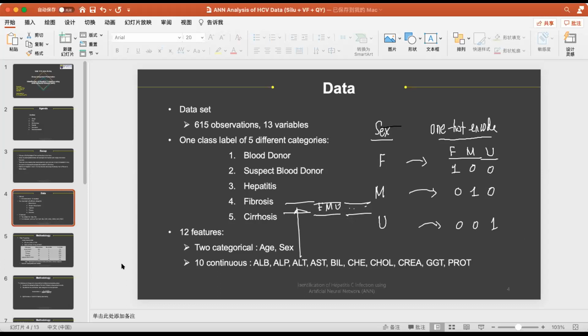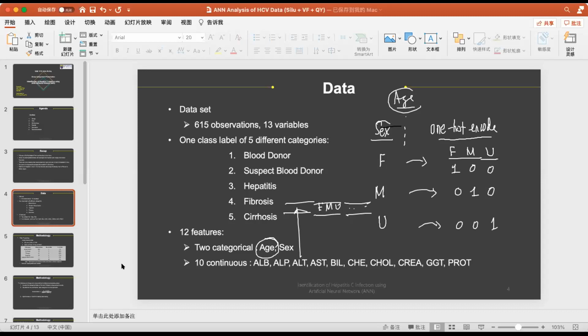But the downside of this is that it will expand your data dimension. Then how about your age? I wonder how you do that, because age will be all sorts of values. It's still okay for sex in your case, but how would that affect your age? For age, I did not do this transformation.